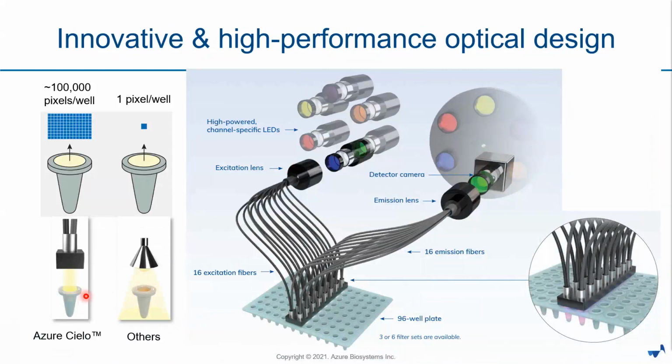These Azure Cielo Real-Time PCR systems are designed around individual well scanning. It scans individual wells, where you have two sets of 16 fiber optics, okay? One set comes from the high-powered channel-specific LED to excite the fluorophores in the qPCR reaction, and another set delivers the signals to the detector camera, right?